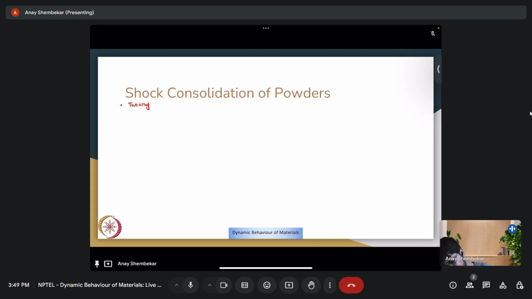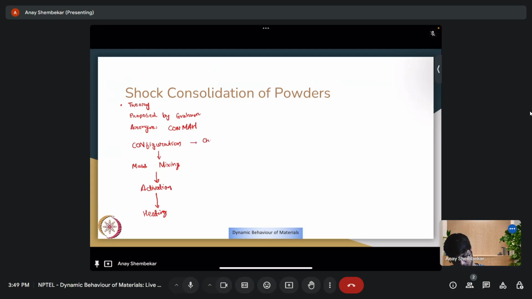So one of the theories that we have is something which was proposed by Graham, and it has the acronym CON, which refers to configuration, then mass mixing, followed by activation and then heating.